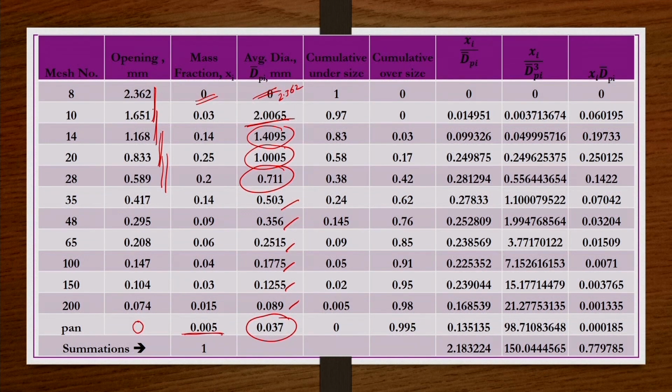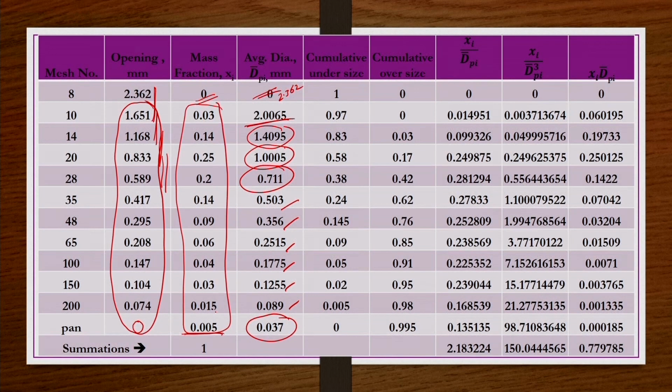All the screen openings from 1.651 to 0.074 are smaller than 2.362. So, the summation of the corresponding mass fractions, when you add them together, gives 1. That is what goes here.